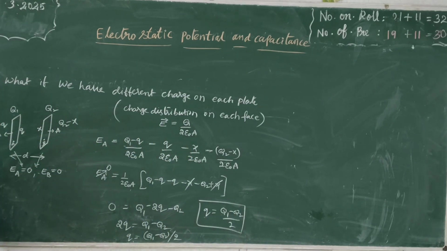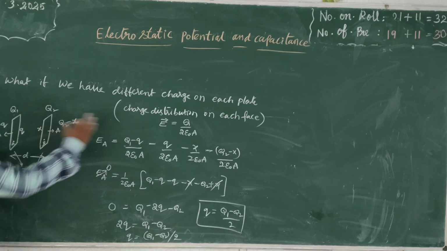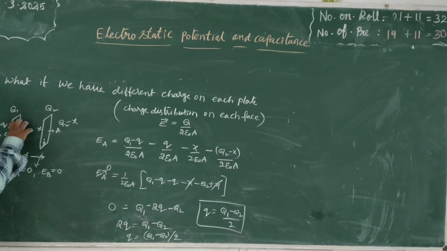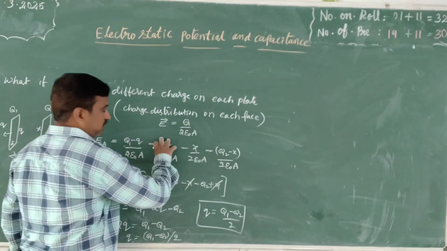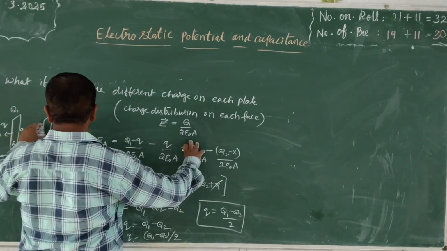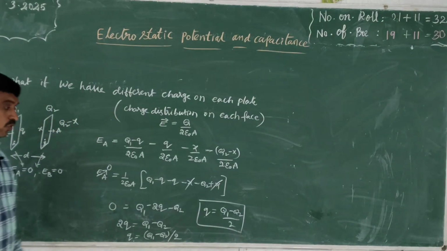See what we are doing here: the electric field inside the conductor is 0, so we take the electric field due to each one, and it will be the same. We subtract these fields.